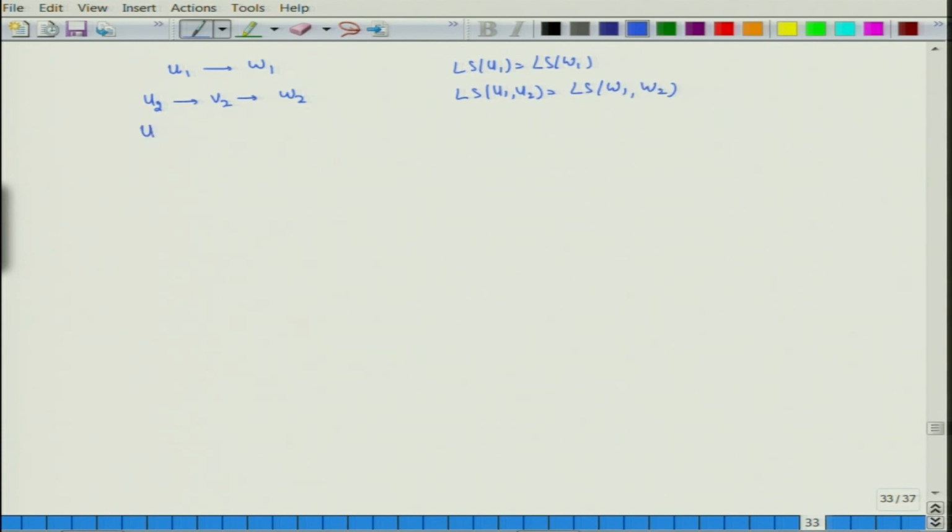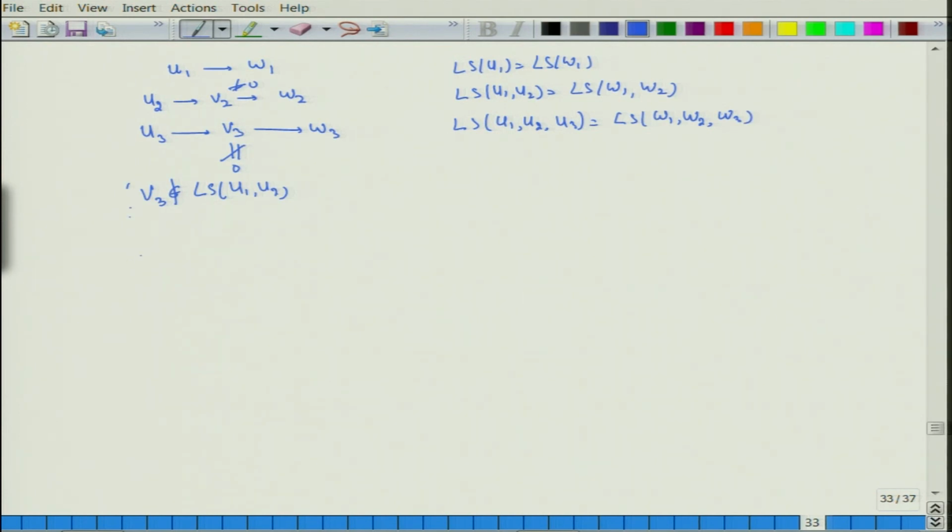At the next stage I have u3, I go to v3, this is not 0, similarly this was not 0 because v3 does not belong to the linear span of u1 and u2. I got v3, from v3 I get to w3, and again LS of u1, u2, u3 will be equal to LS of w1, w2, w3. Is that okay? So, this way you can build up the whole thing.